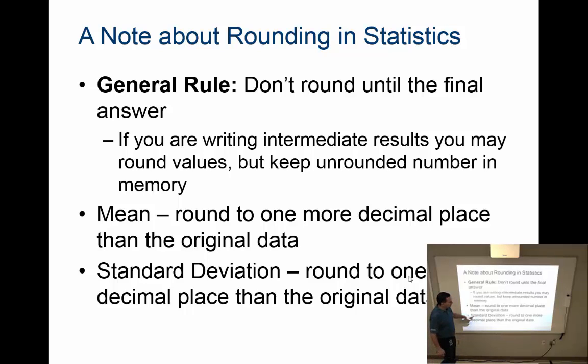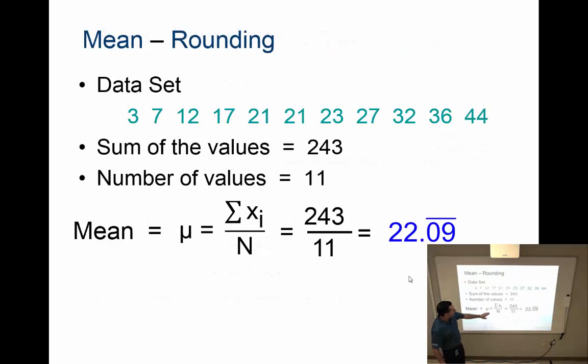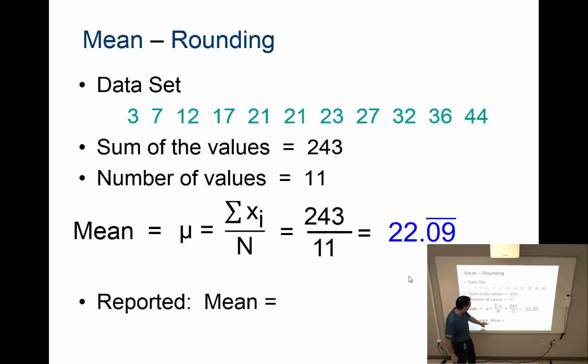For standard deviation, which we'll cover later on in this PowerPoint, round to one more decimal place than the original data. So going back to our mean, if we calculate the mean 22.09 repeating, our original data had no decimal places. We're going to round to the first decimal place, and so I would report the mean as being 22.1.